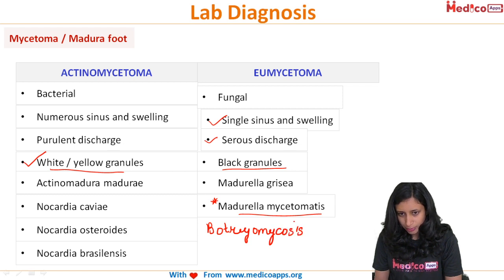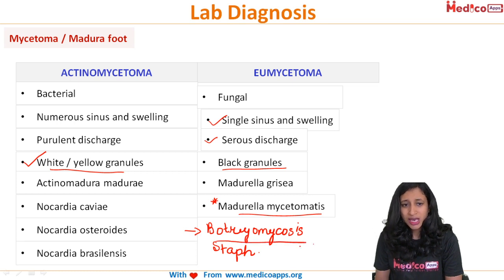So what do you understand by Botryomycosis? So this is actually a condition which is very similar to mycetoma, but is caused by certain bacteria like Staphylococcus. So your staph can be responsible for something which is known as Botryomycosis, and which looks very similar to mycetoma.